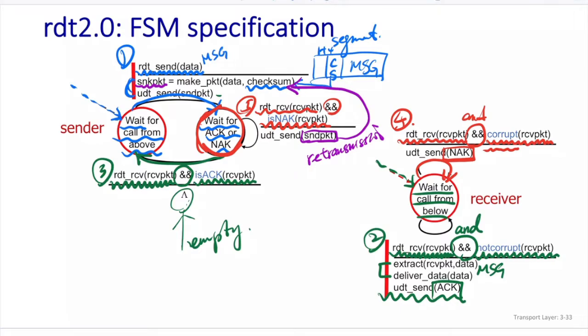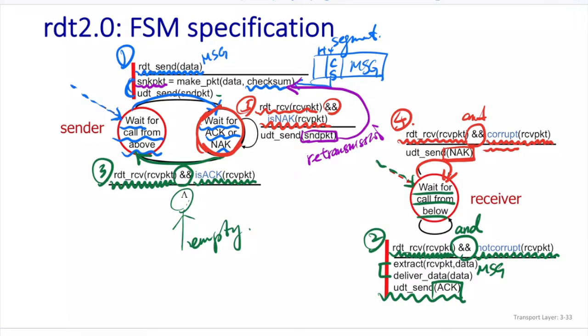But if there is something wrong, then the process goes like 1, 4, and 5. 1 is send message. 4 means there is something wrong with this packet, so I don't know how to deliver the packet, so I send a NAK. And number 5, when I receive a NAK as a sender, then I do the purple retransmission.